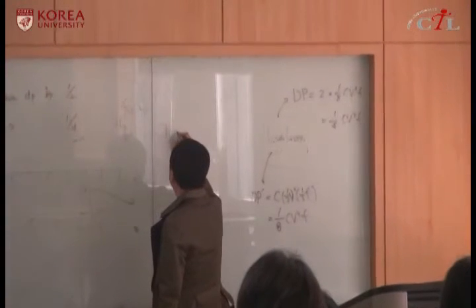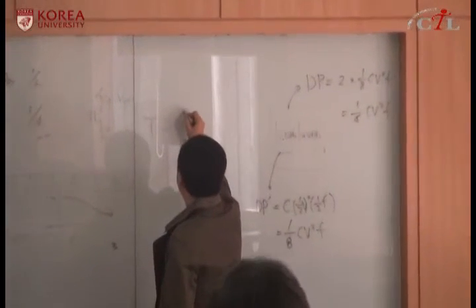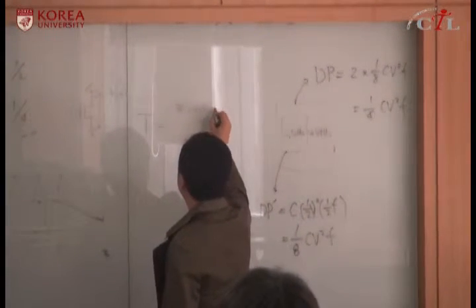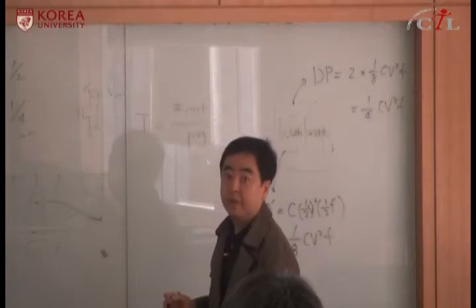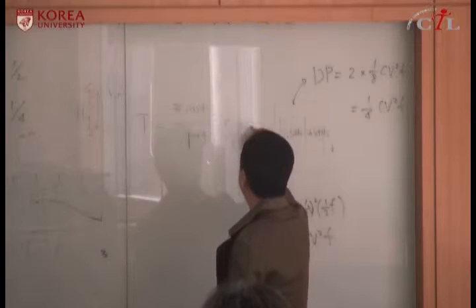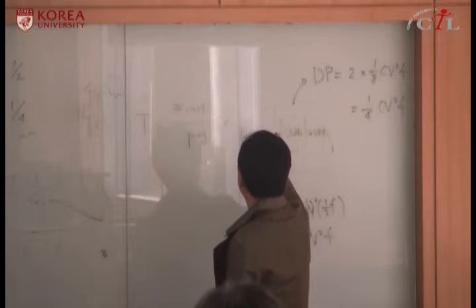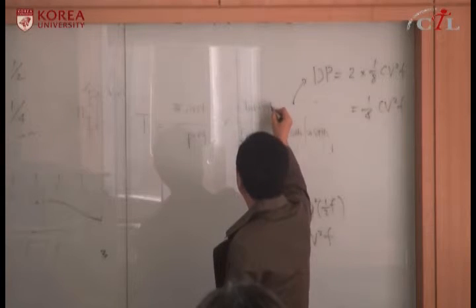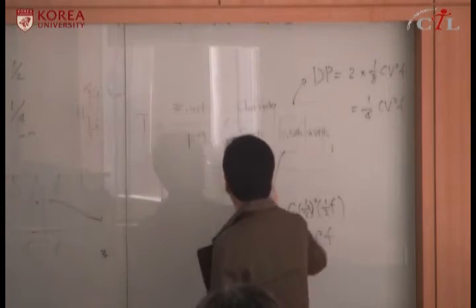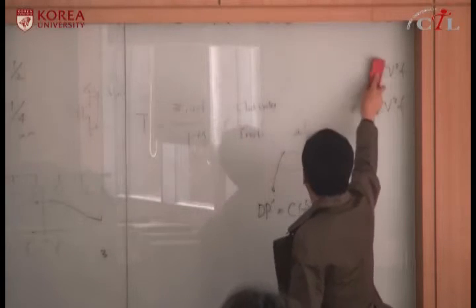So time equals how many instructions you have to run to complete the program. And then for each instruction, how many clock cycles do you need to complete one instruction?